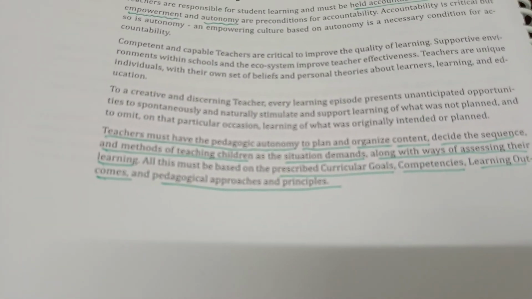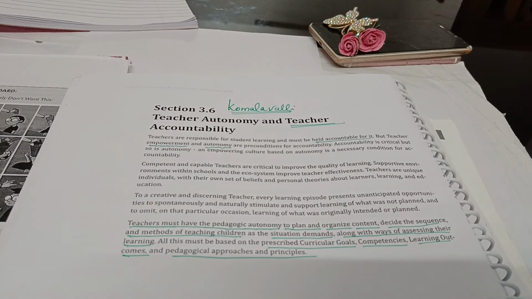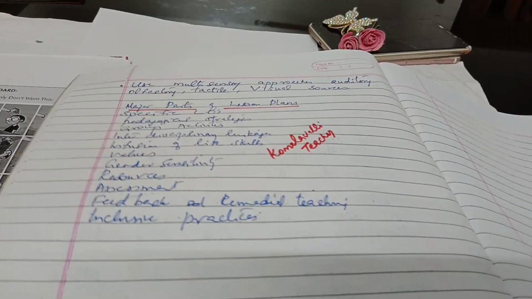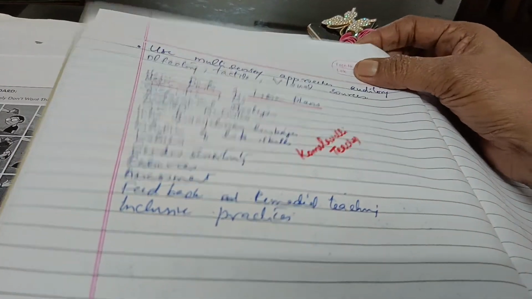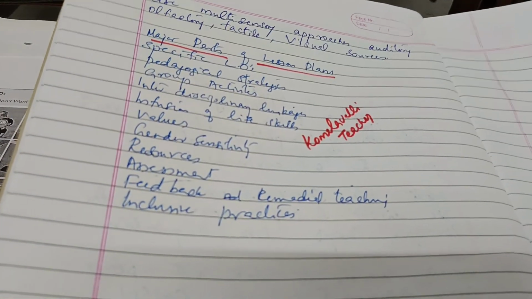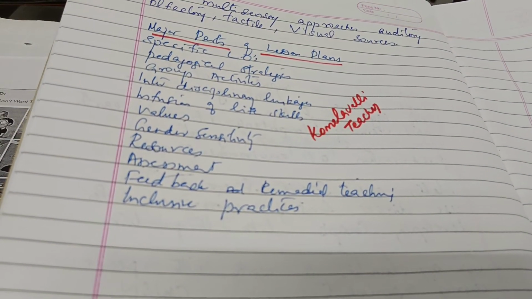and pedagogical approaches and principles. As I have read this much, let me say what the important parts of a lesson plan are. I have already done videos regarding the lesson plan. Then it should have specific learning outcomes.